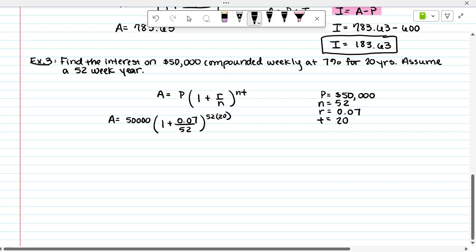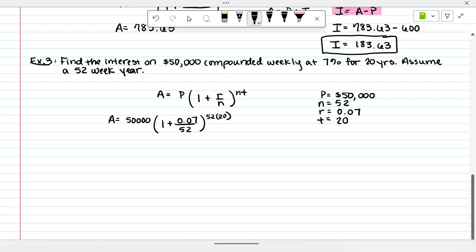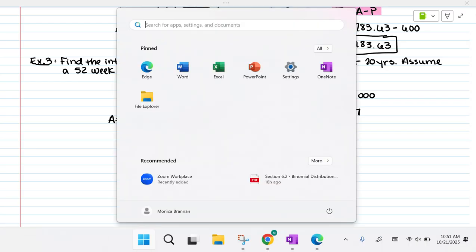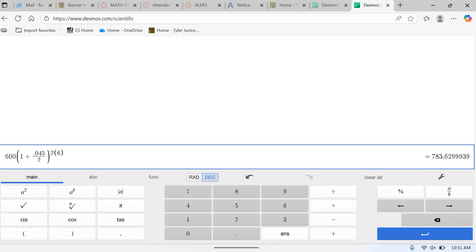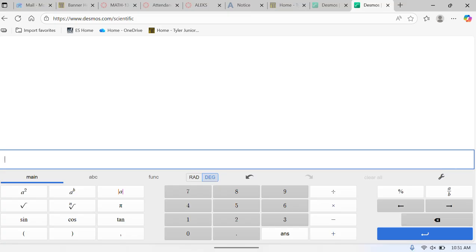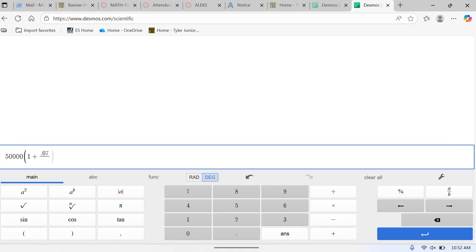Okay? So I'm going to go over here and I'm going to use my Desmos calculator. I'm going to put in 50,000. Then parentheses 1 plus 0.07 divided by 52.